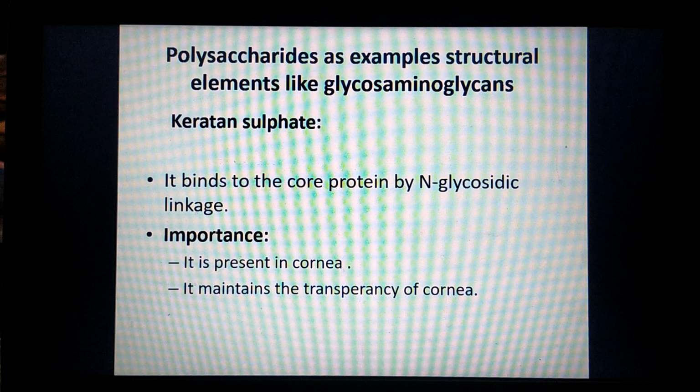This N-glycosidic linkage is formed between the keratan sulfate and the amide group of glutamine and asparagine. This keratan sulfate is also found in the cornea and it maintains the transparency of our cornea.